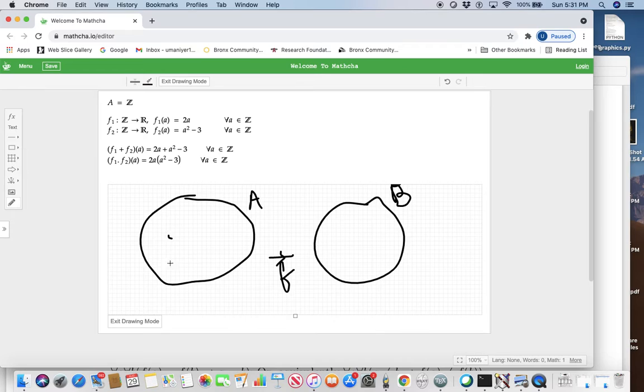For every entry here, you are going to take it to somewhere here. So this might very well be pictorially understood. This is f(A). That's the image of A.